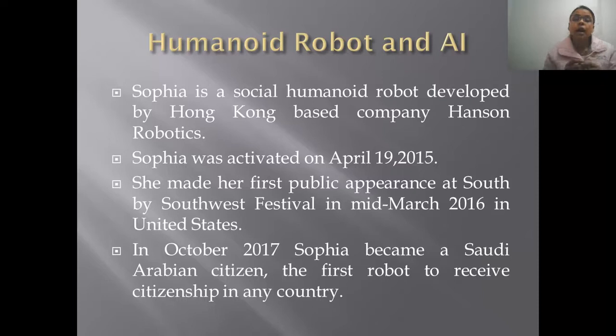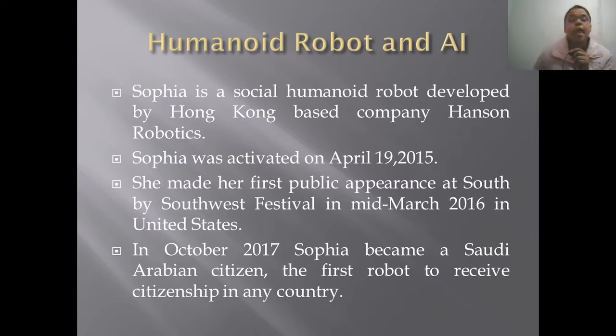Now, humanoid robots and AI. Humanoid means what? It just looks like humans. Okay, so have you heard about Sophia? Sophia is a social humanoid robot developed by the Hong Kong based company Hanson Robotics.